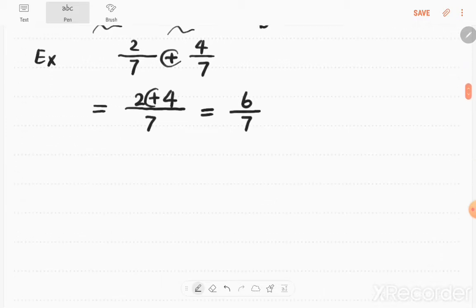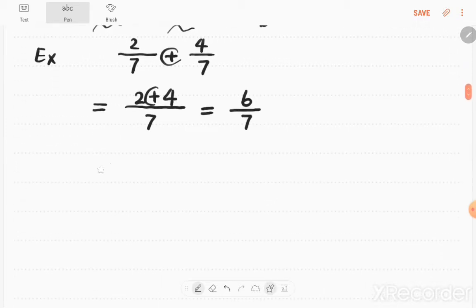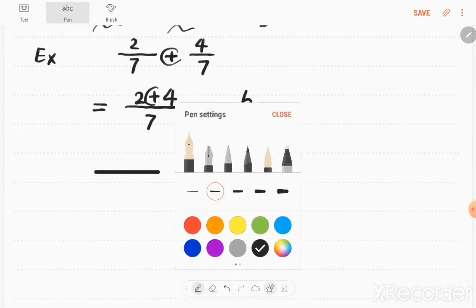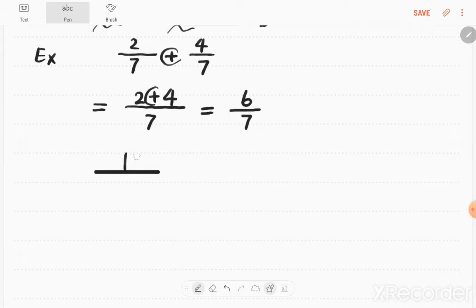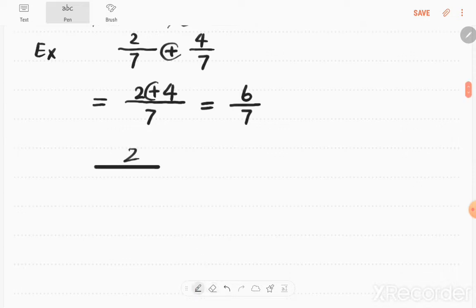Let's try another one. 2 over 10 plus 3 over 10.